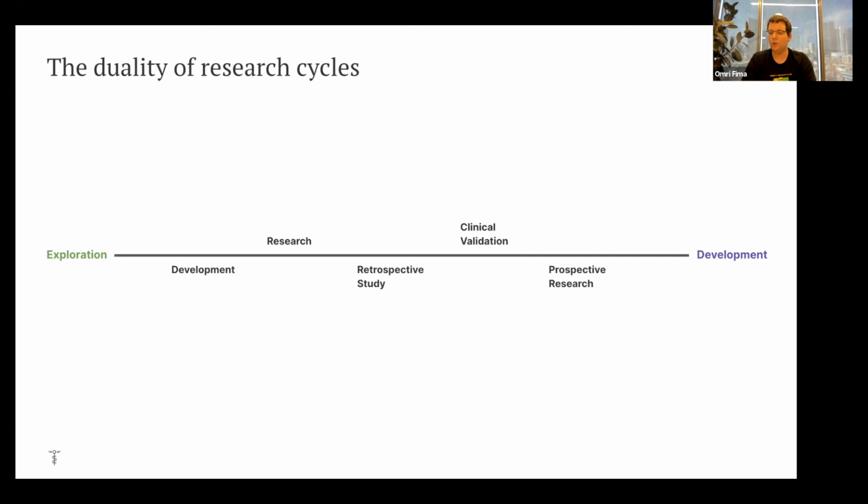But as we go more and more into production, there are a few steps that are still experimental, for example clinical validation or prospective research, where we actually influence people's lives. We need to be able to react, but we still need some type of governance. We need to make sure that our processes are reliable and can run on a production grade once we decide to promote them.